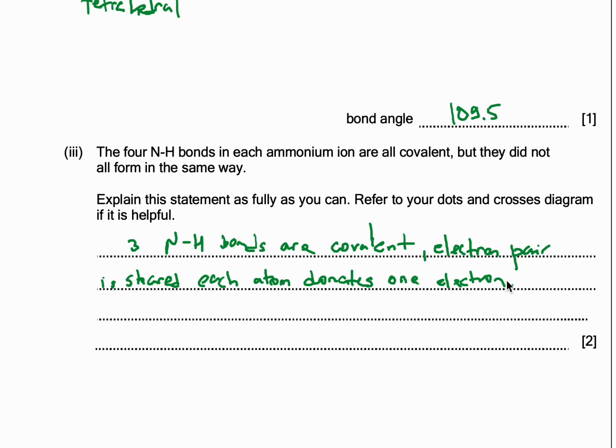So nitrogen donates 1 electron, hydrogen donates 1 electron, and they form an electron pair which will be shared.